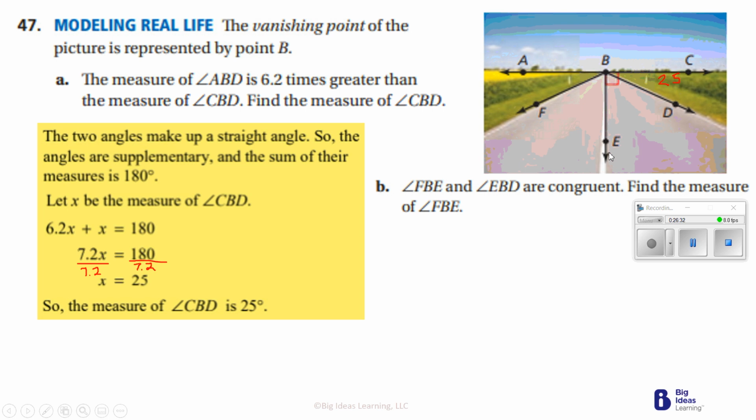Okay. Well, I'm going to go a stretch and say that if these two angles are congruent and EBD is congruent with this one, and they look like, let's see, if this is 90 degrees, this has to be 90 degrees. Does that mean this angle is the same measure as this angle? I'm wondering if they're using this number of 25 and realizing if this is 25, then this has to be 90 minus 25.